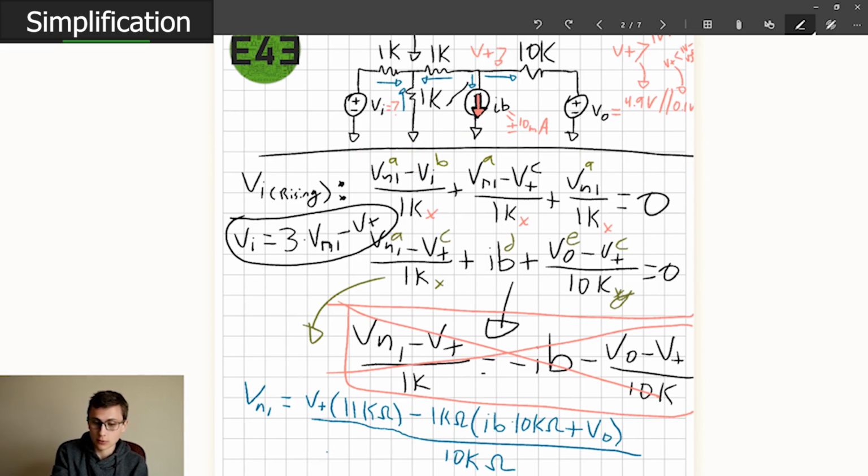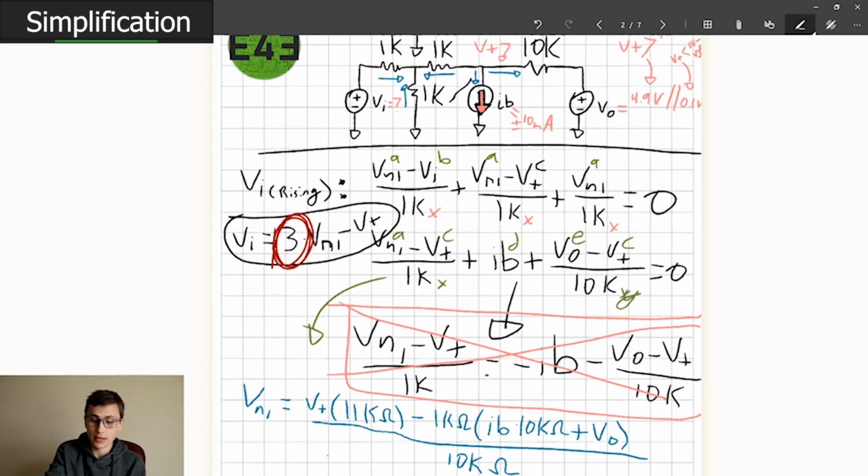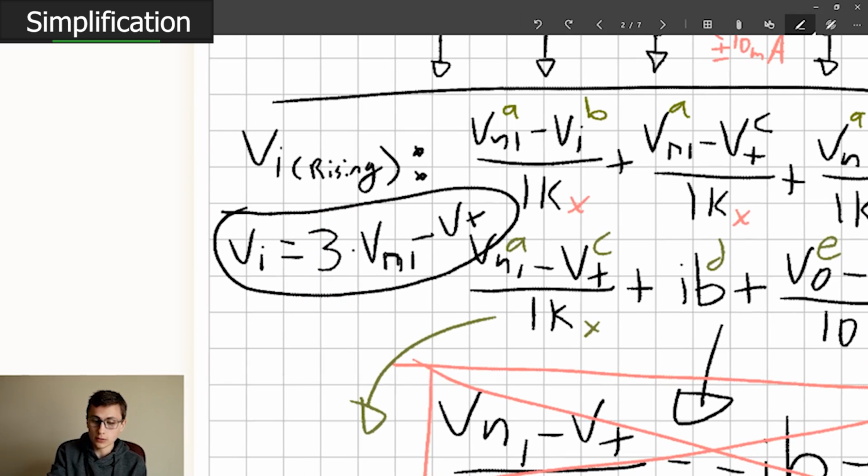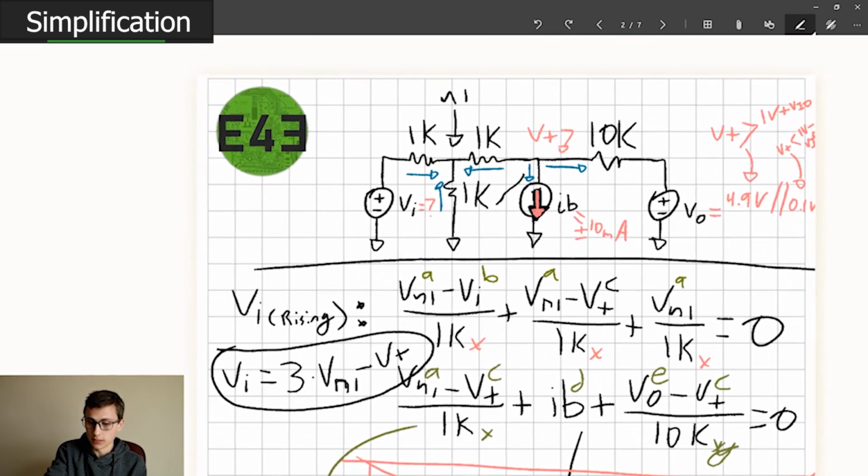And actually our three 1k resistors all cancel out of this equation. And this is a unitless 3 that made it out. So we end up with a unitless 3 times V_n1 minus V_plus. V_plus is known, that's fine. We can leave that as a variable. But V_n1, that's not known, that's not fixed.